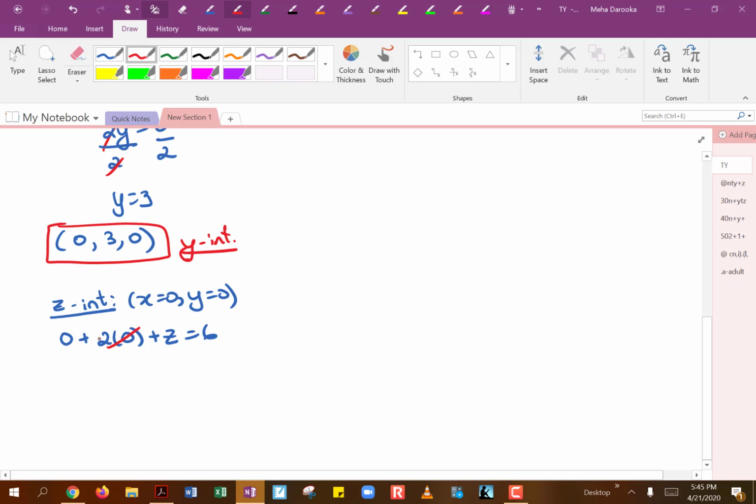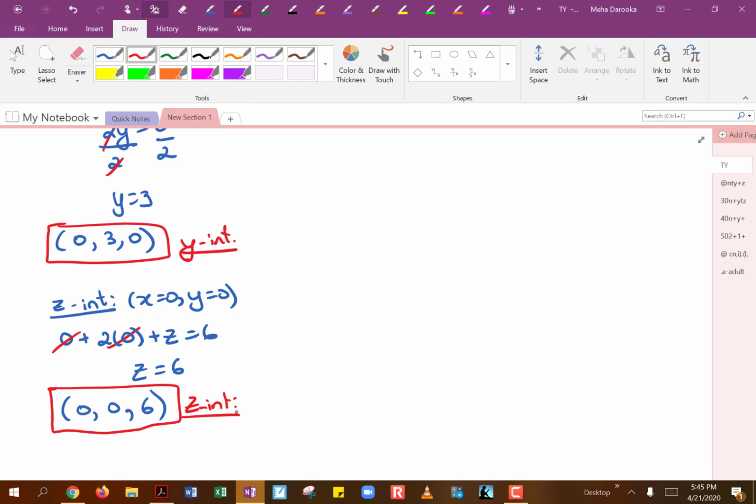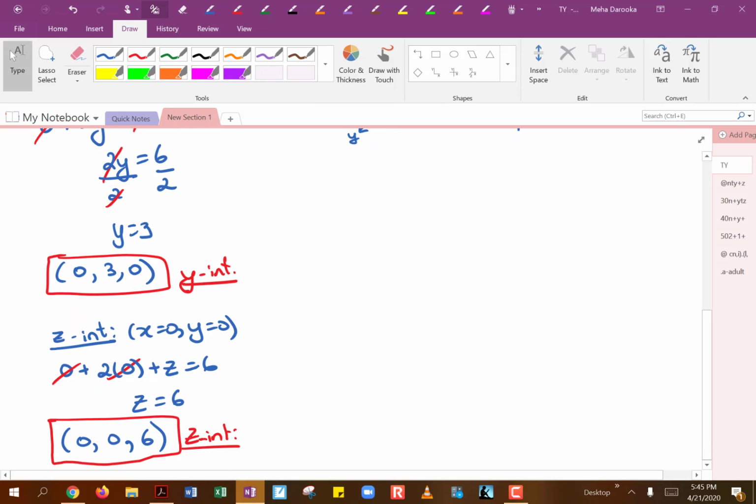Of course, our 0 and 0 is gone, leaving us behind with z equals 6. So that will be 0, comma 0, comma 6, and this will be our z-intercept.